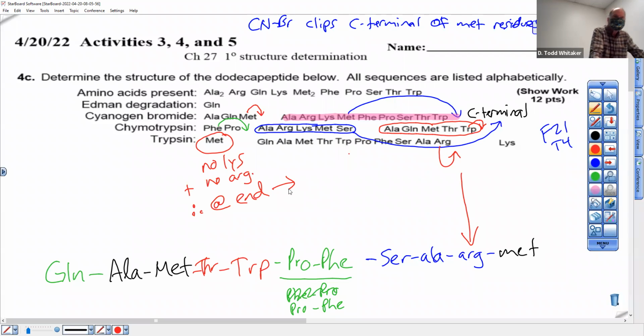Okay. We use the same logic for the chymotrypsin, but you got to use no F, Trp, Tyr, therefore end. And I'll put the Met here.